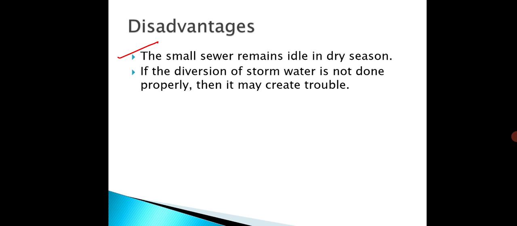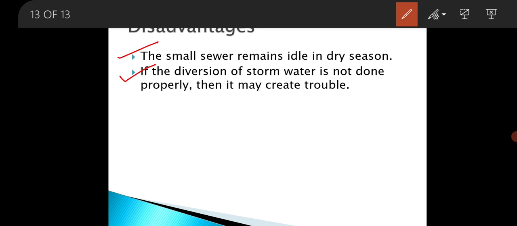During the dry season, the small sewer is not in use. Therefore, it will remain in idle condition. Second one is, if the diversion of storm water is not done properly, then it may create trouble to both treatment plant and in the streets.